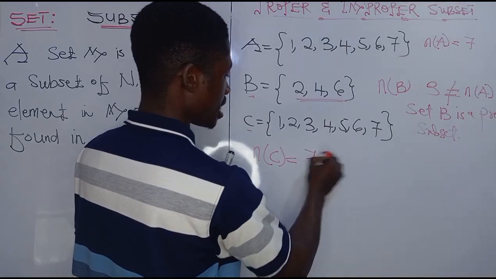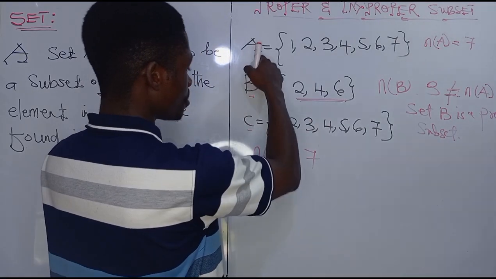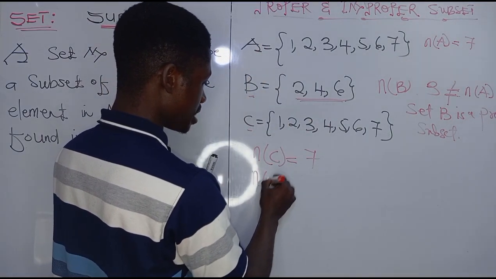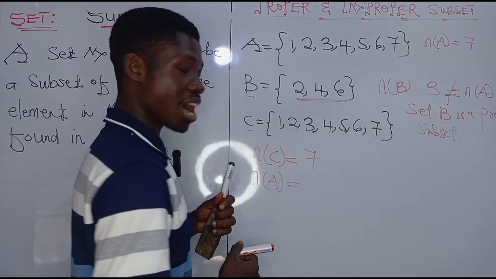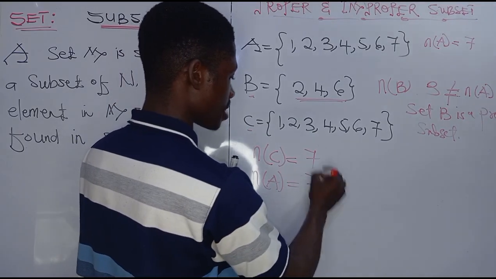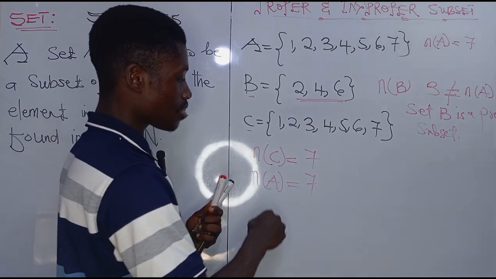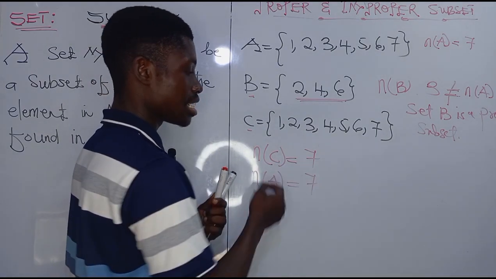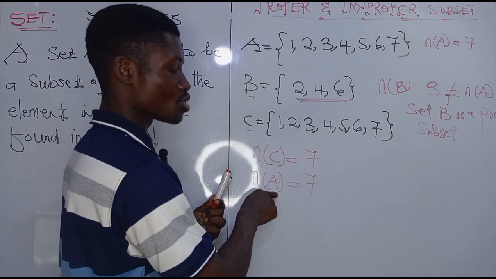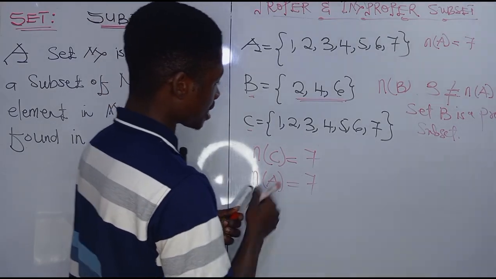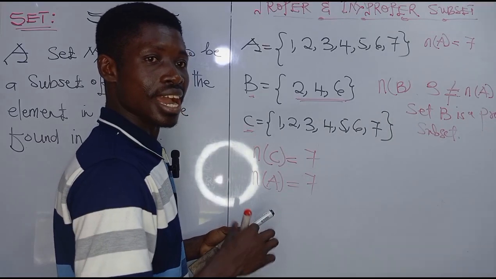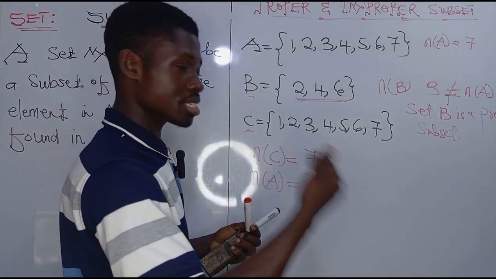We have 2 elements. And with the number of elements in set A, we have 7. Therefore, since the number of elements in the subset C is equal to the number of elements in the superset A, we can say that set C is an improper subset.